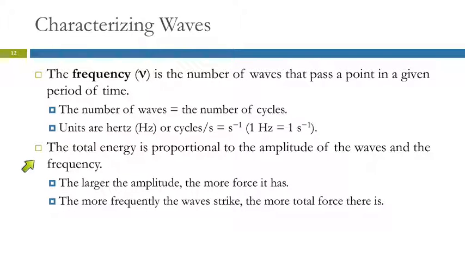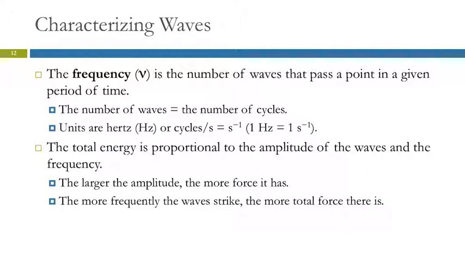The energy of waves is proportional to the amplitude and to the frequency. So if you think about standing in the ocean, if the waves that are coming are very low, they're small, they have a small amplitude, or if they're very tall, maybe, they're like 8-foot waves, which one's more likely to knock you over?